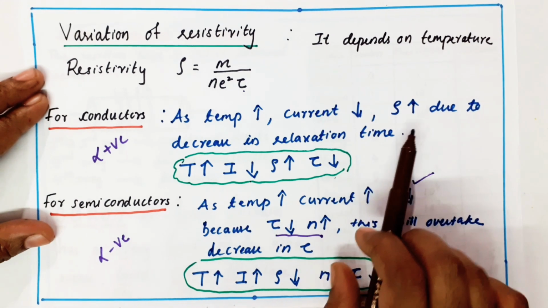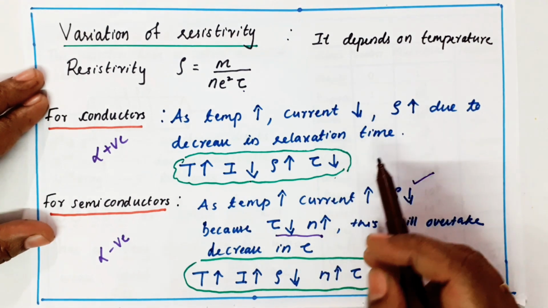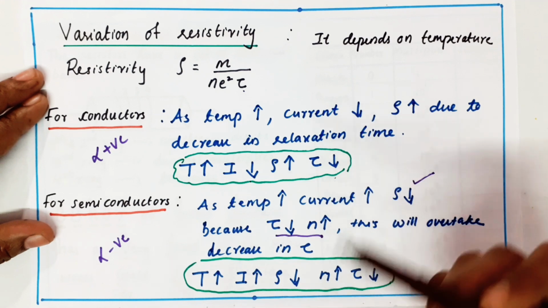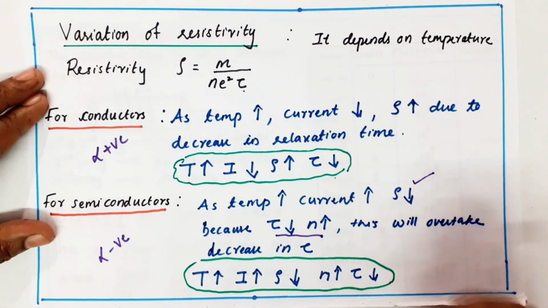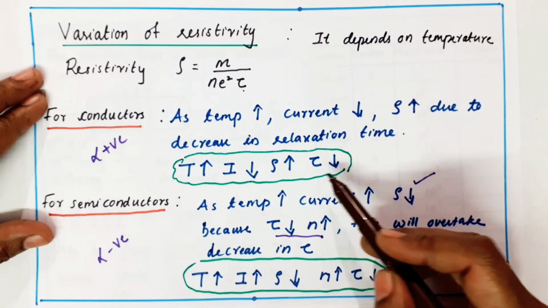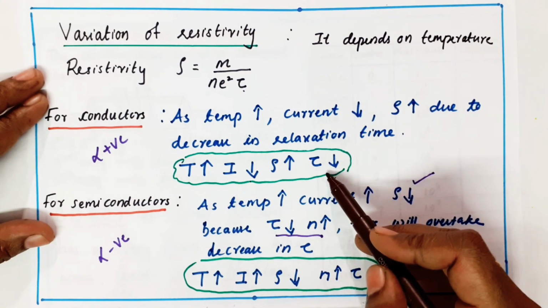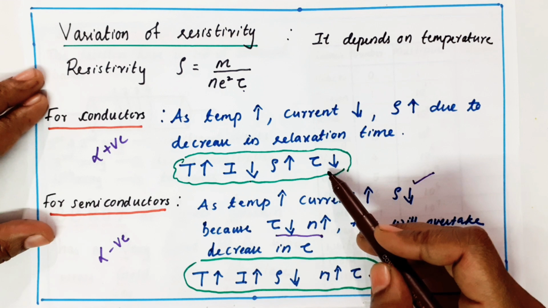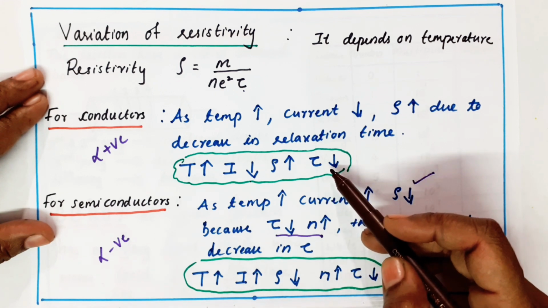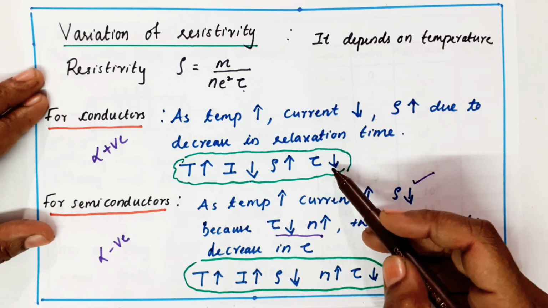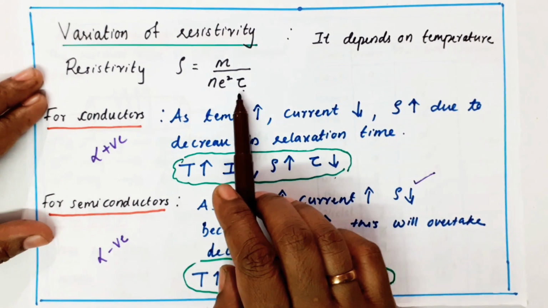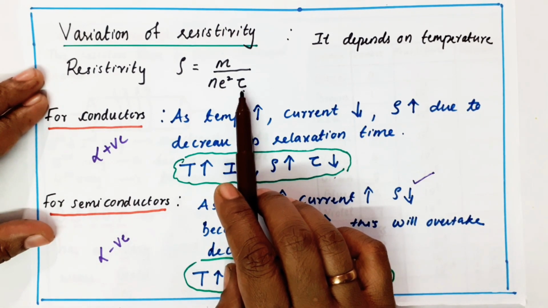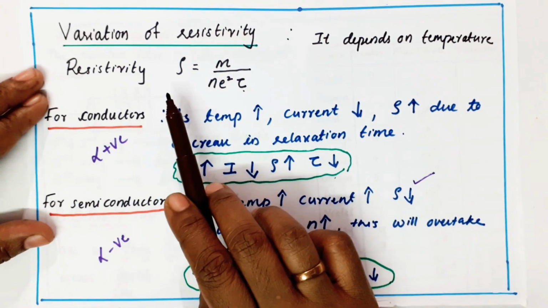Why does resistivity increase in a metal? As the temperature increases, the atoms and the electrons start to collide very fast. When the electrons collide very fast, the relaxation time decreases. Relaxation time is nothing but the time interval between two successive collisions. This relaxation time term is in the denominator. As this term comes down, rho increases.